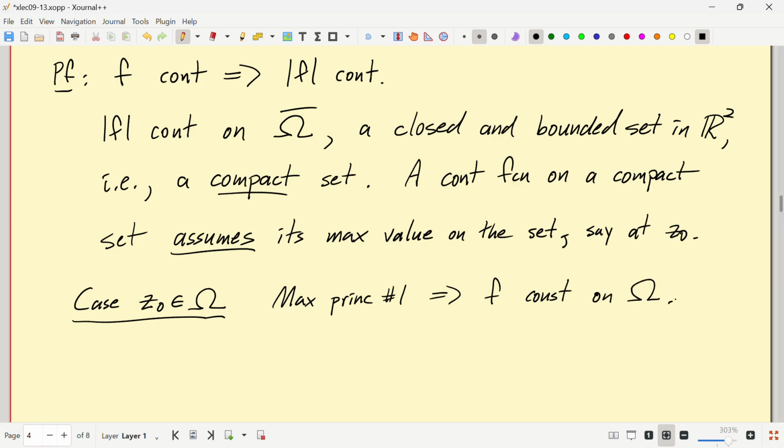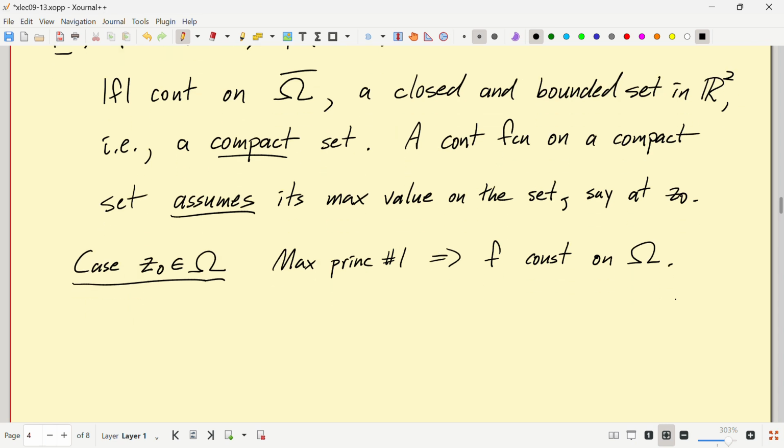And boundary points are limit points of omega. And so, of course, by continuity, f would be constant on omega closure. By continuity.